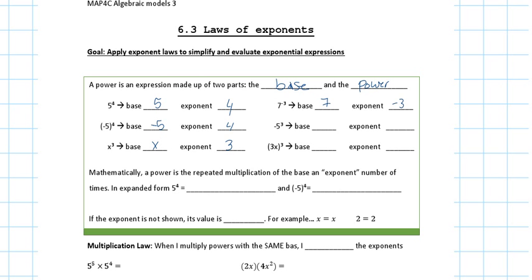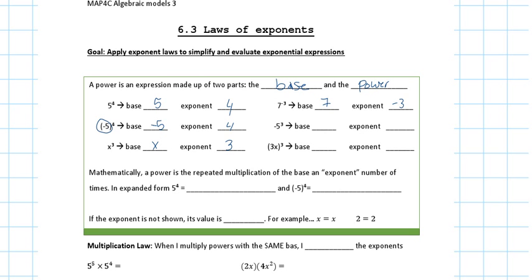How about negative 5 to the power of 3? What's my base here? So you're saying 5, you're saying negative 5. Which one is the right answer? It's not in brackets, right? In the earlier one, because this was in brackets, this is my base. The base is negative 5, and all of it is to the power of 4. But in this case, I do not have the bracket.